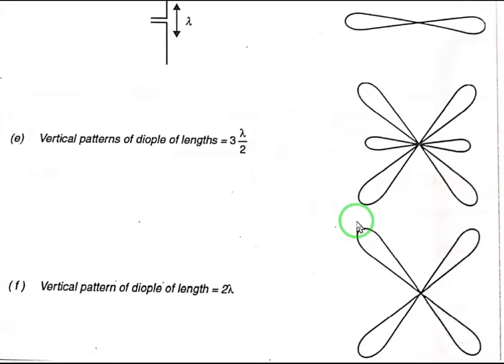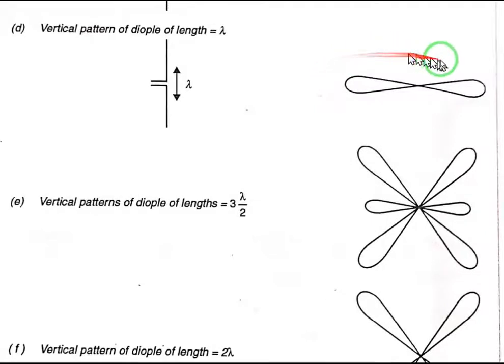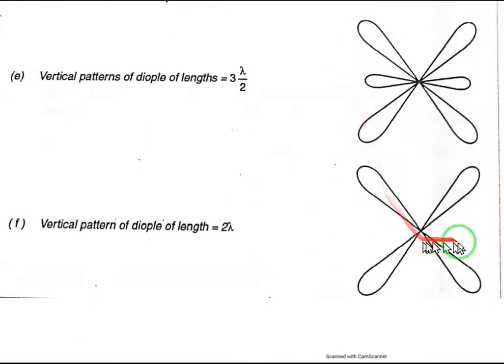It is also the combination of the vertically polarized dipole of length lambda, but the center pattern that has been observed in the 3 lambda by 2 dipole is missing. It only has two patterns crossing each other.